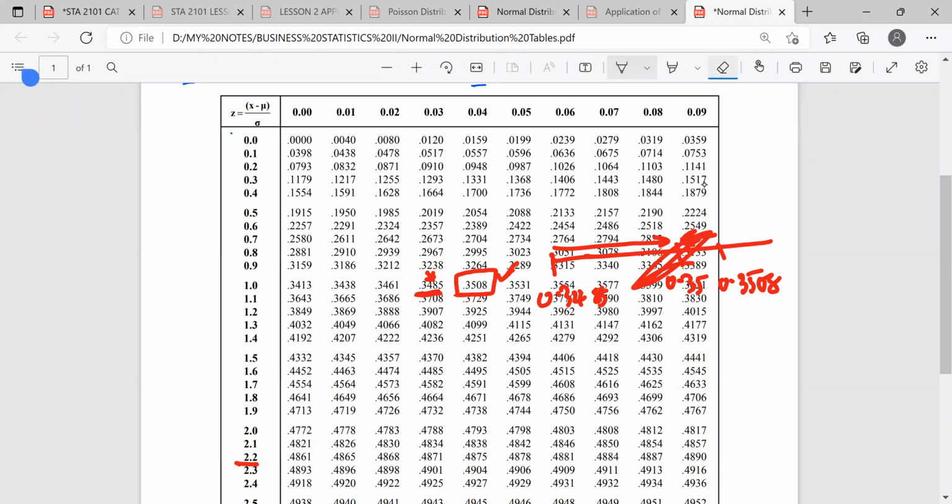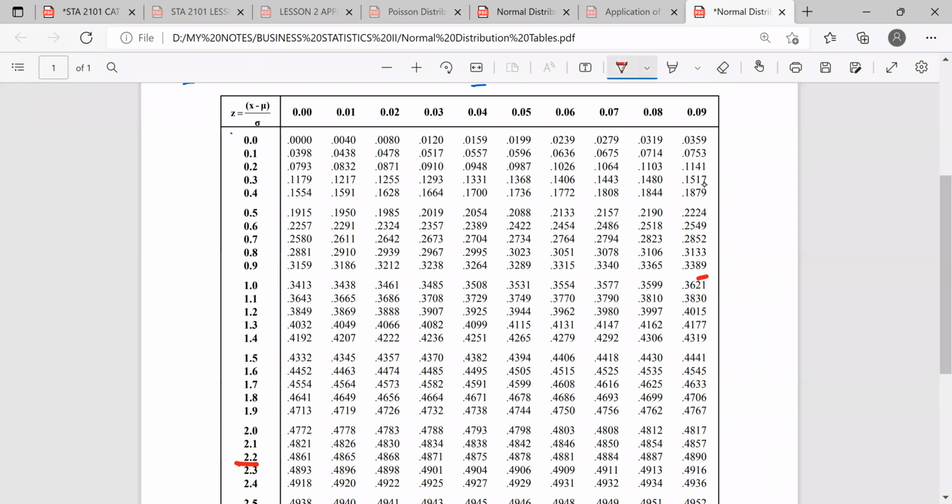So in our case, we settle with a Z value. This value here is coming from a Z value of 1.4. Sorry, 1.04. A Z value of 1.04.